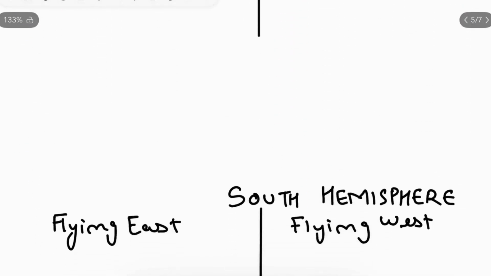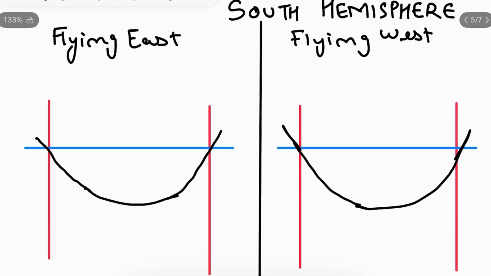Now let's see the example of the southern hemisphere. If in the south hemisphere we are flying an easterly track, the rhumb line is 090. We know that the conversion angle is going to be 10 degrees, right?